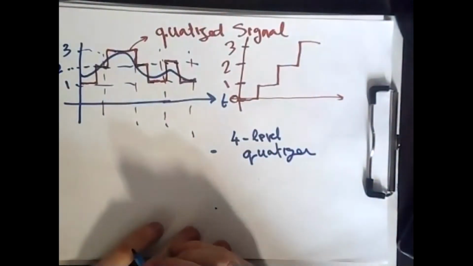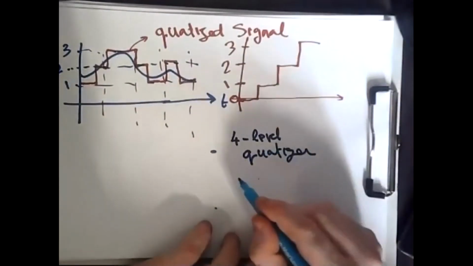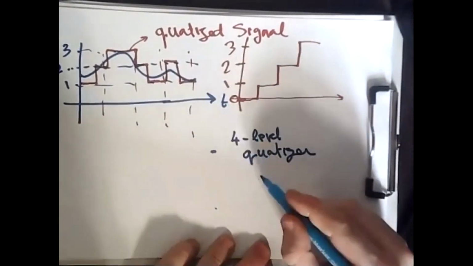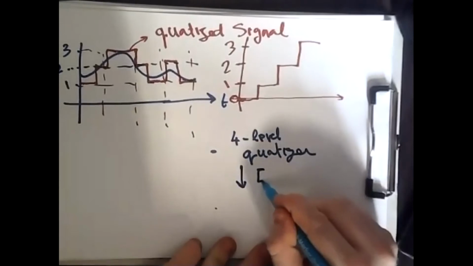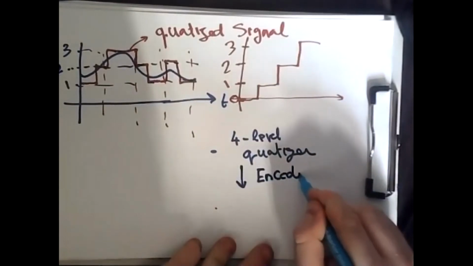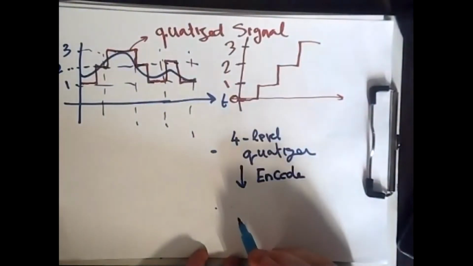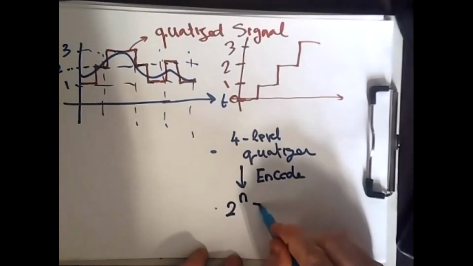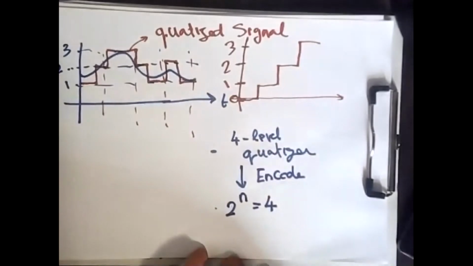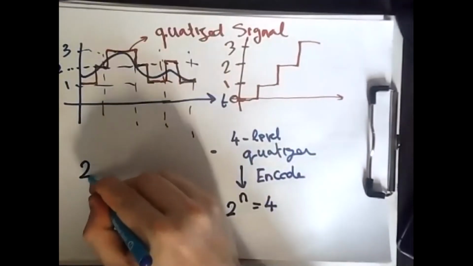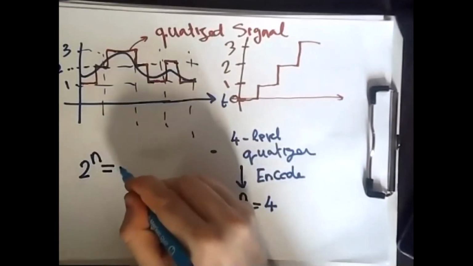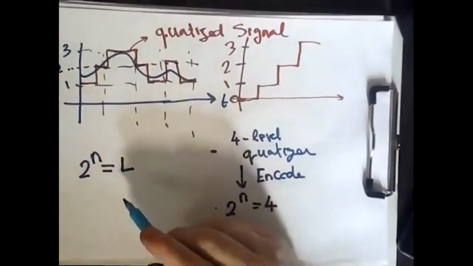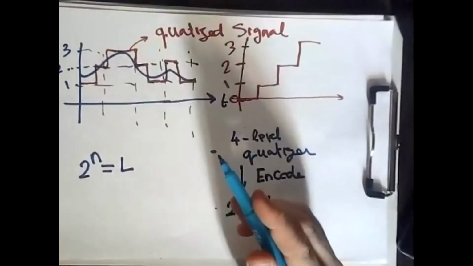Then, very simply, in order to digitalize, or what we call to encode, this 4-level quantizer, I need 2 bits, because 2 power n equals 4. So in general, 2 power n equals what we can call L. In some other texts, it's called M. So L and M are both here.